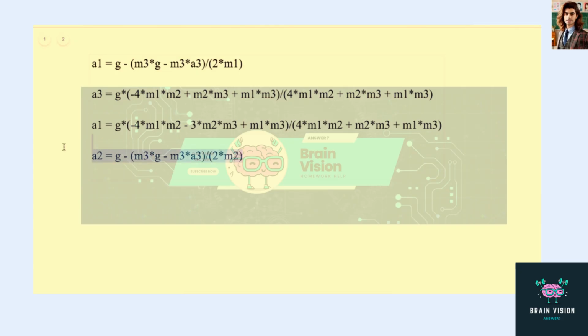If you compare this to this, it's the same thing, except now M1 and M2 are switched out. And so if you don't want to totally redo all of the algebra, it should be fairly easy to just switch out some of these variables.